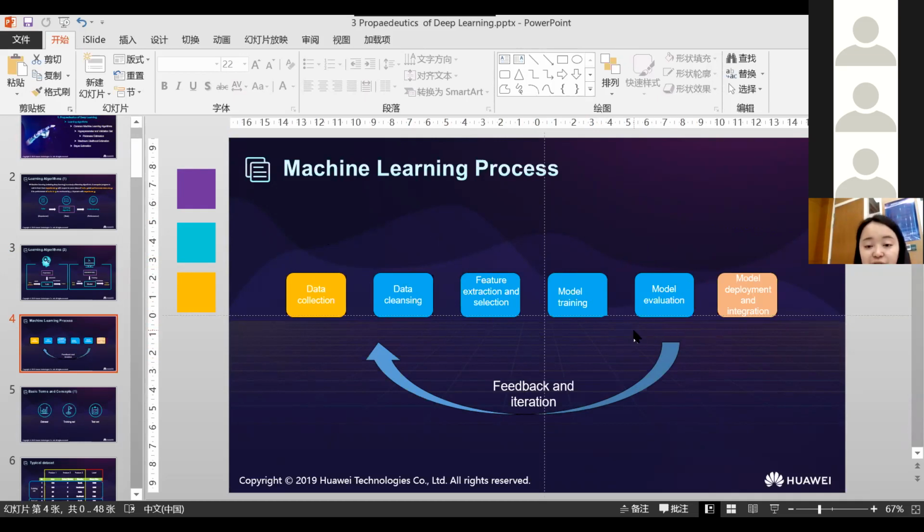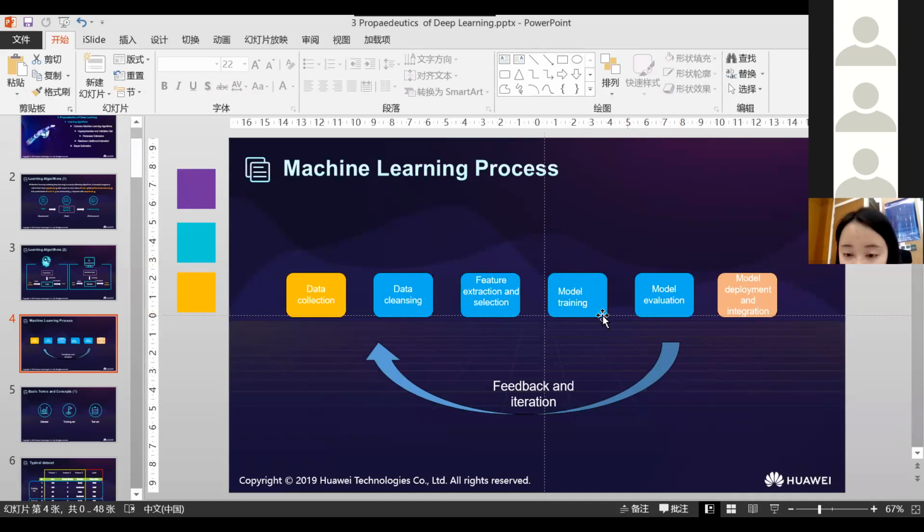For model evaluation, we have a test set, and there are some new samples that the model has never seen. So here we will test these new samples on the trained model and evaluate the performance of the model with these new samples.